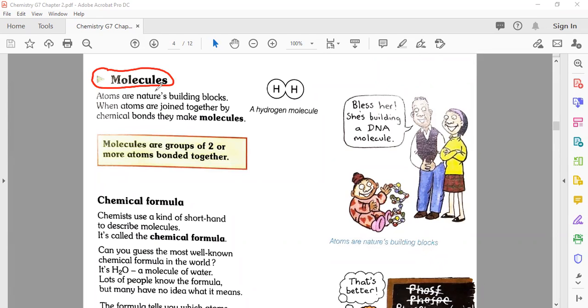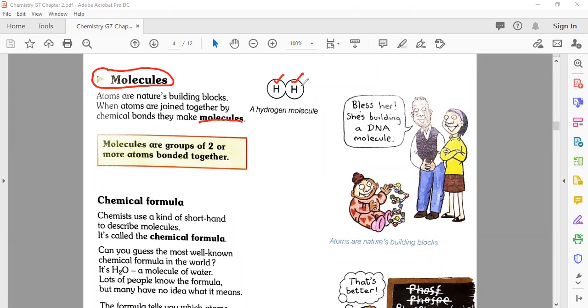Atoms are neutral building blocks. When atoms are joined together by a chemical bond, they make a molecule. For example, you can see here, this is the symbol of hydrogen. That is also another atom of hydrogen.